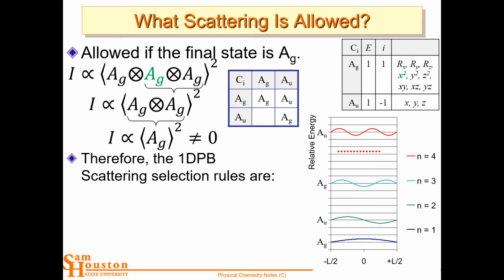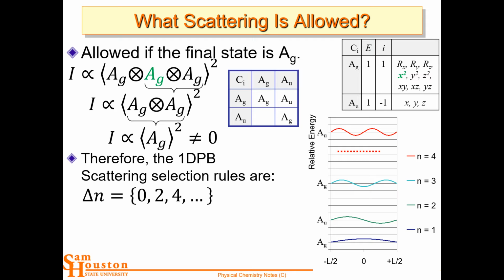And so it would also connect 2 to 4, because you'd have AU on the left and AU on the right, and the AUs would cancel each other. So for scattering, as long as the states match, AU to AU or AG to AG, it would be allowed.